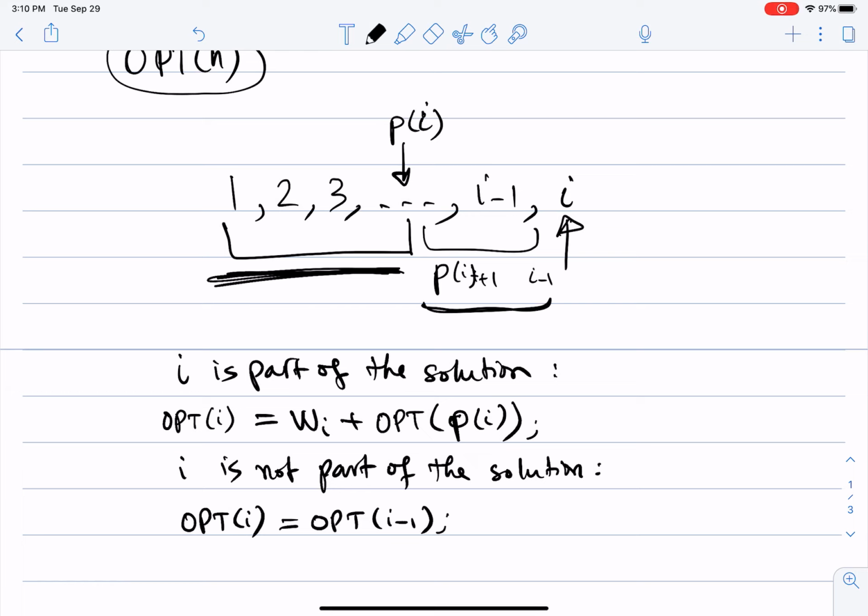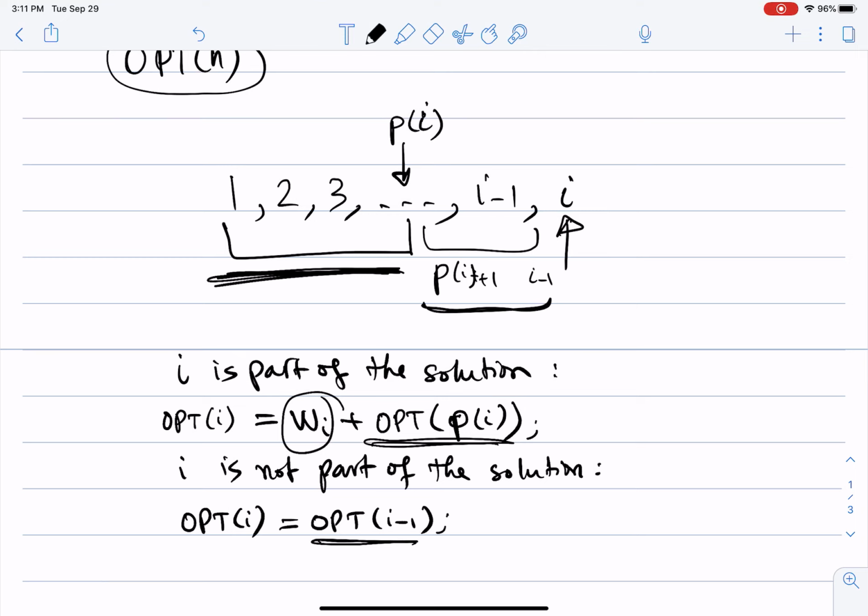Okay, so again, reason about this problem recursively as follows. Ask yourself about interval I. Does it have to be part of the solution? The answer cannot be simply yes, or simply no. It could be either yes or no, and we have to evaluate both possibilities and take the best. So if I is part of the solution, then the solution has the weight of I plus the weight of the solution that involves intervals from 1 all the way to P of I. If I is not part of the solution, then the solution is the weight of the solution on the intervals from 1 to I minus 1.